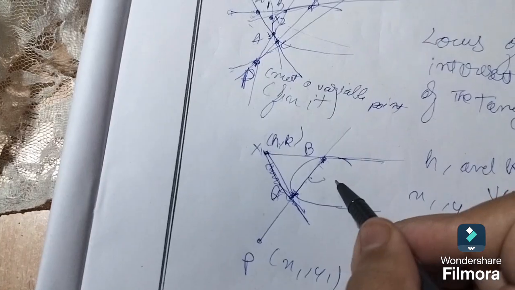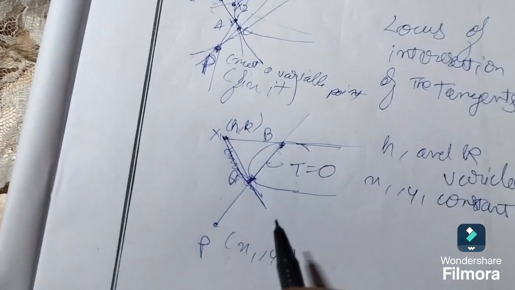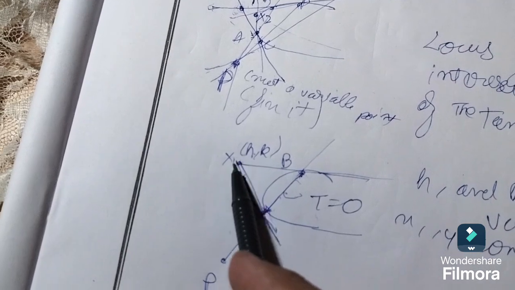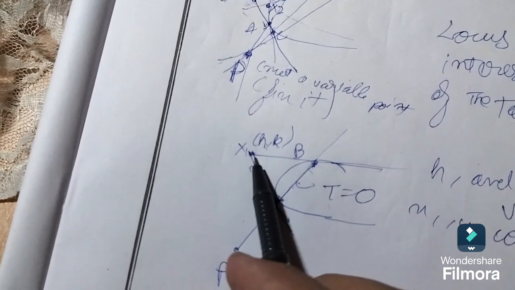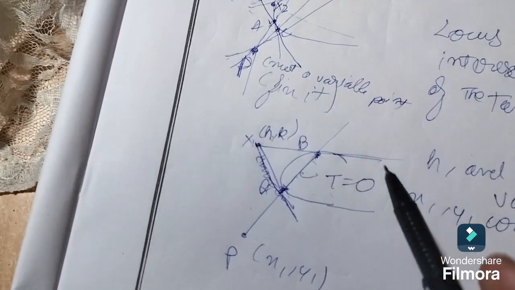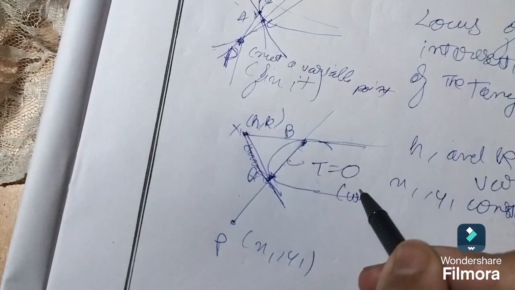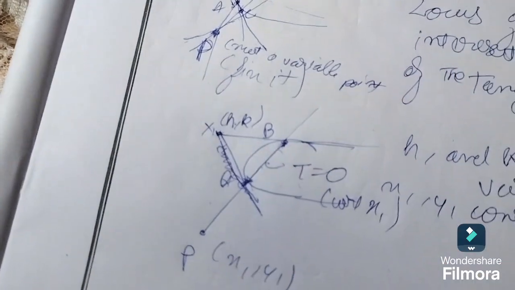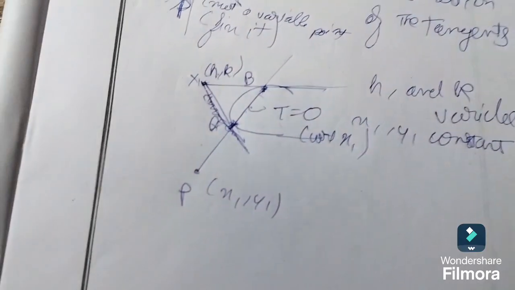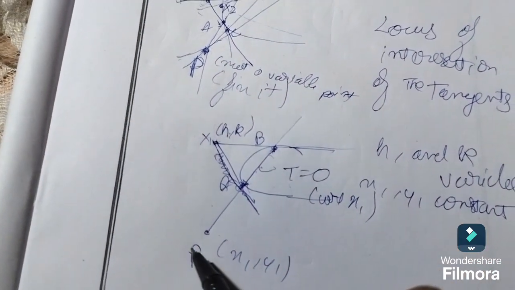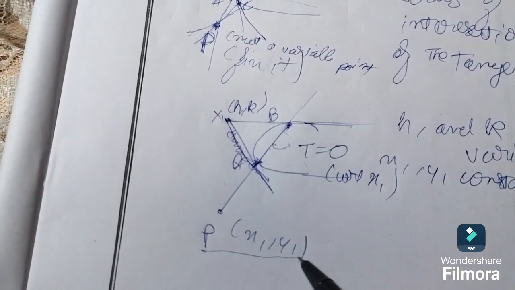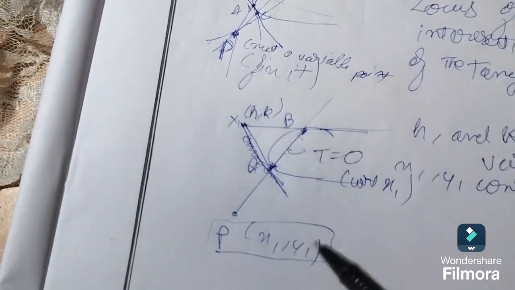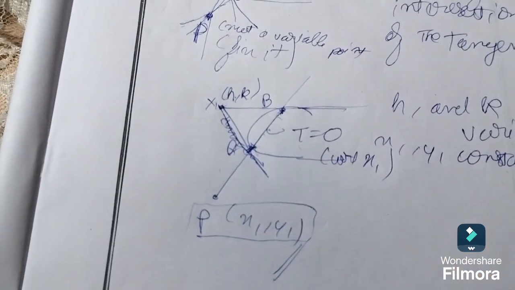Basically how can I write it? T is equal to 0. I had taught that the chord of contact equation is T is equal to 0 with respect to a point outside the curve. So T is equal to 0 with respect to x1. But now what you see is this line, this chord of contact, will also satisfy this x1, y1.